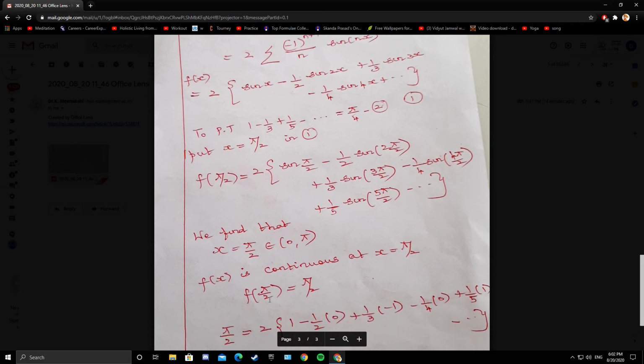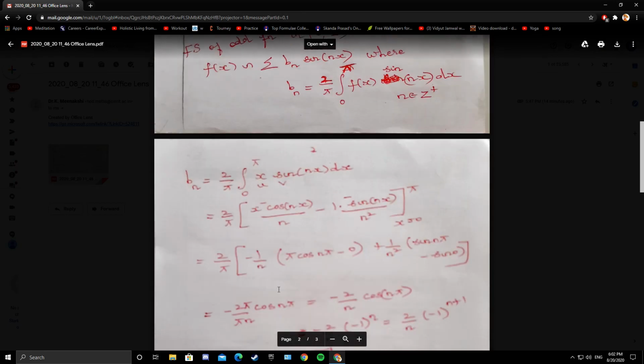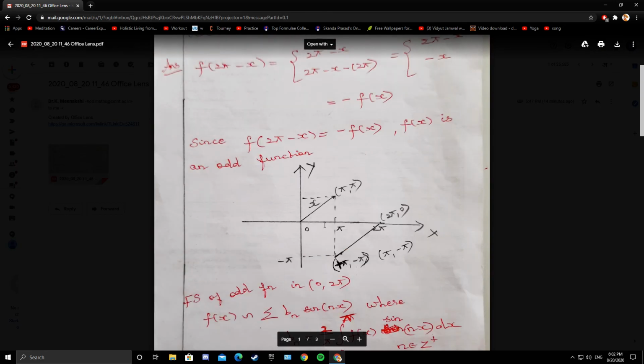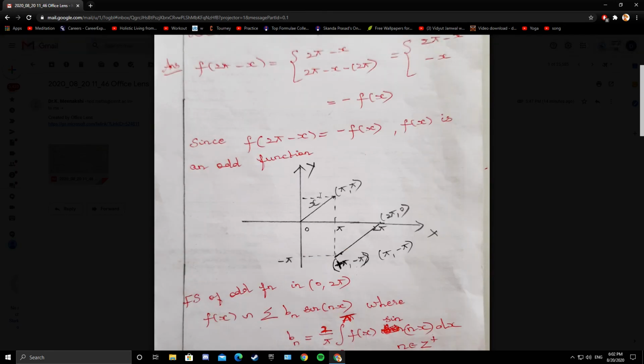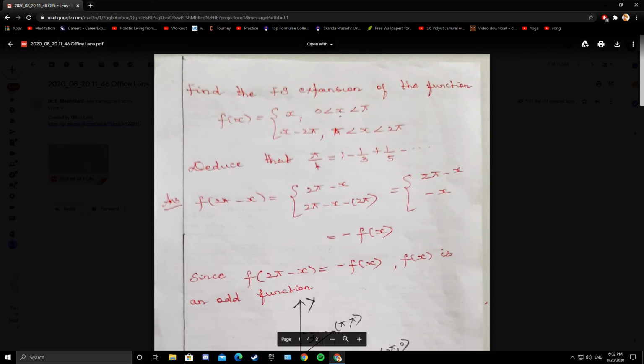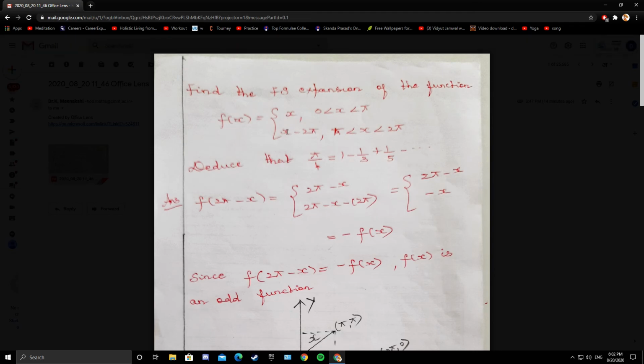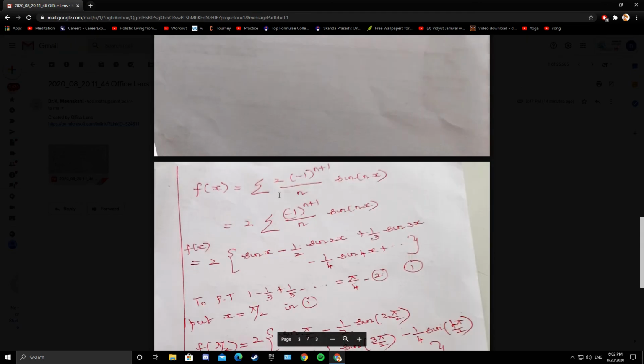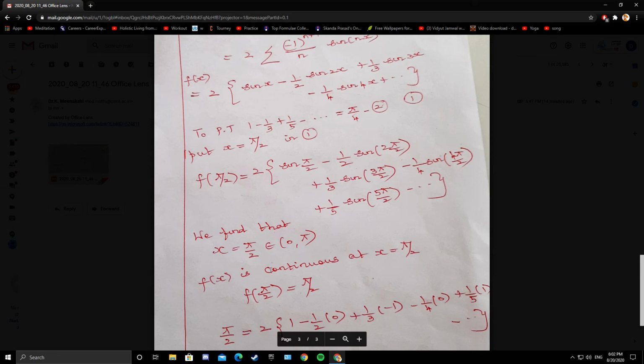And f of pi by 2 is pi by 2, since x equals pi by 2 is somewhere between 0 and pi.